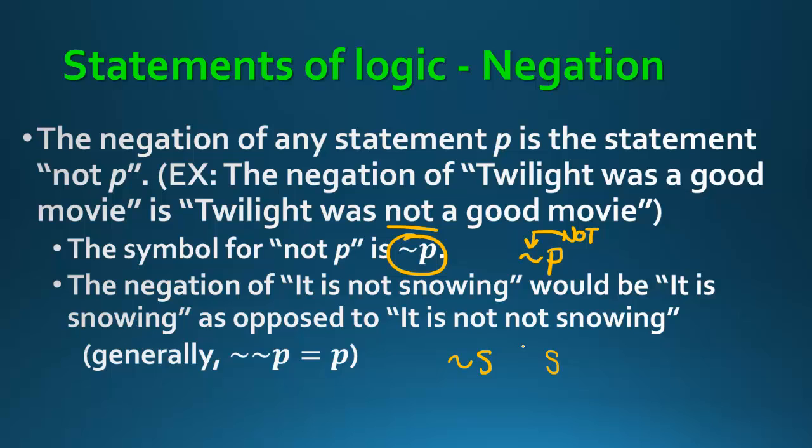So just understand that sometimes your initial statement can be a negative statement, so you would start off with the tilde, and then of course when you negate it, it becomes positive.